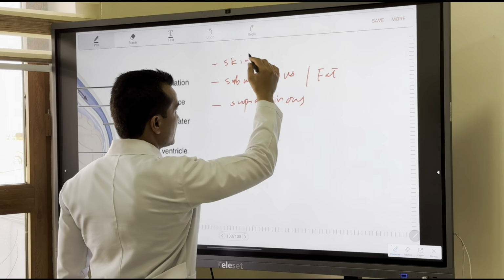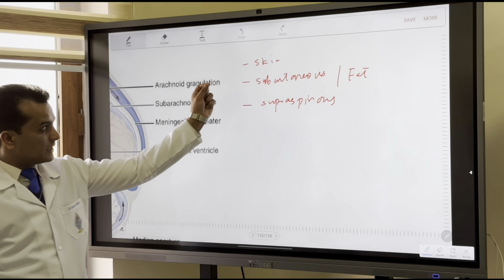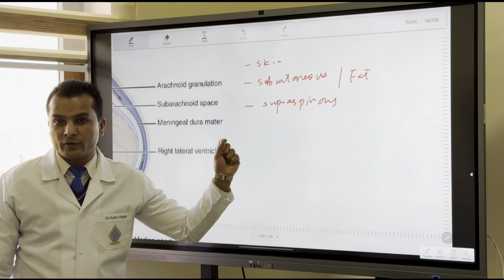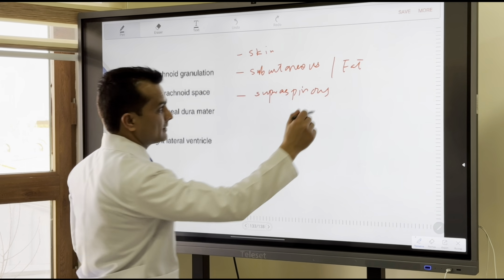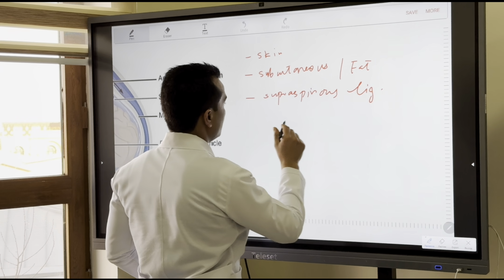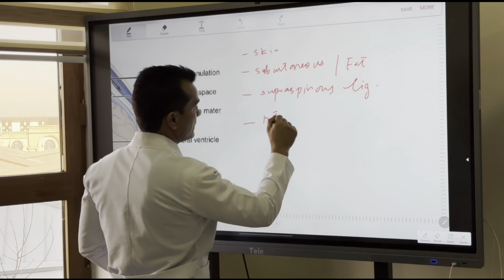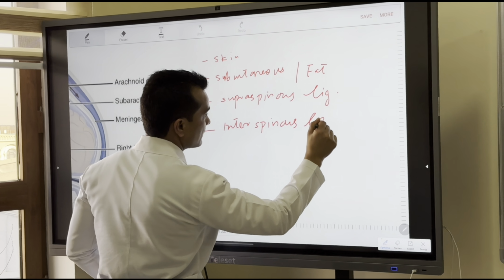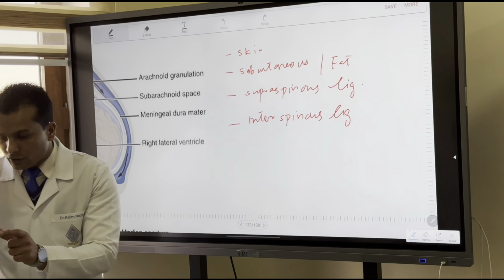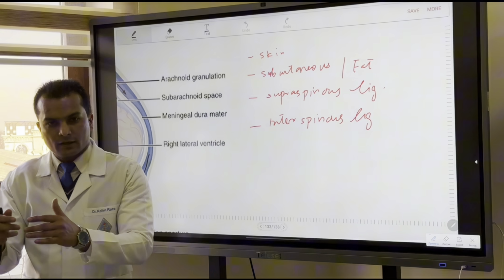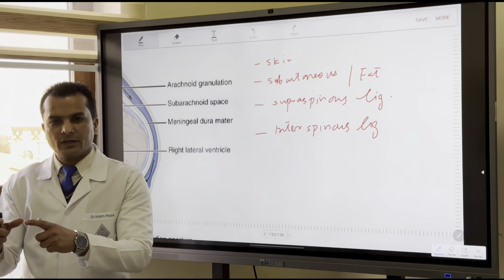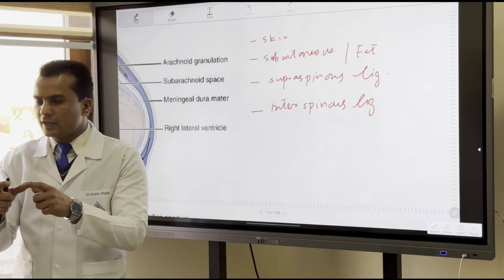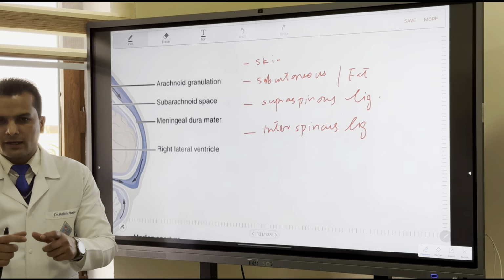This is basically the pathway of your needle while performing this procedure. Supraspinous ligament, and then interspinous ligament. Which ligament? Interspinous ligament. And the ligament which is within the bony channels of the vertebral column, that is ligamentum flavum.